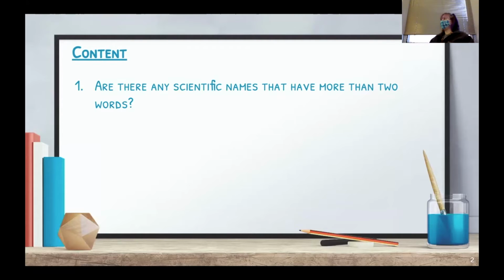If we look at the classification notes, I talked about binomial nomenclature. Binomial nomenclature means 2 names. So all of our species will have a genus name and a species name. Those are all scientific names.